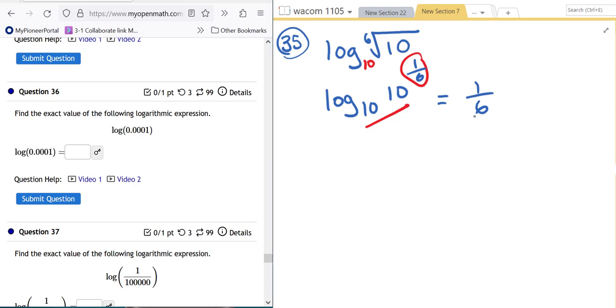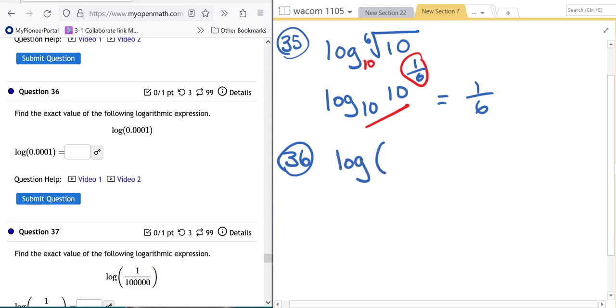This one I had to play with a little bit. I knew what the answer should go to, and you can think of scientific notation, and it will help you a little bit here. So the log of 0.0001. Okay, so first of all, I put the 10 on here, and this is 10 to a negative power. That's how the decimal will move this way.